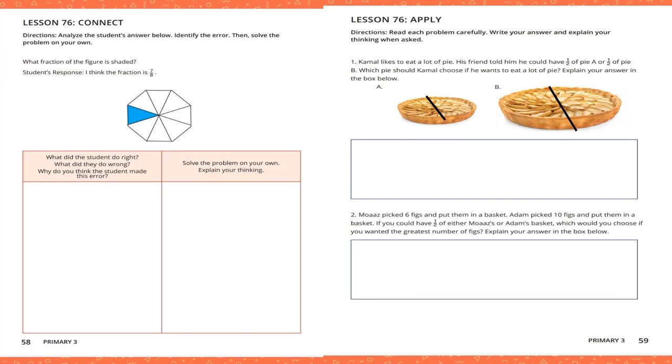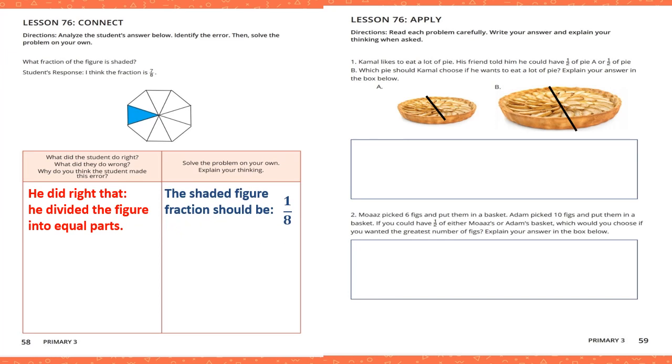No, sure, it's wrong. So what did the student do right, and what did they do wrong? The right thing is he divided the figure into equal parts. Yes, this is right. He divided the total into equal parts. But the shaded or colored part is not 7/8.